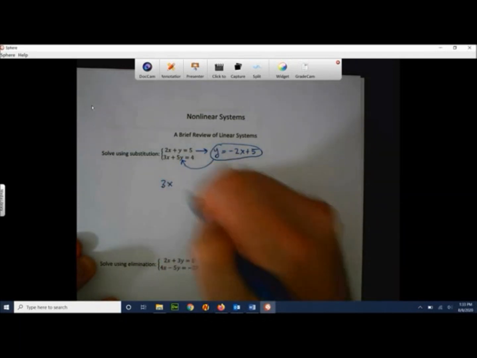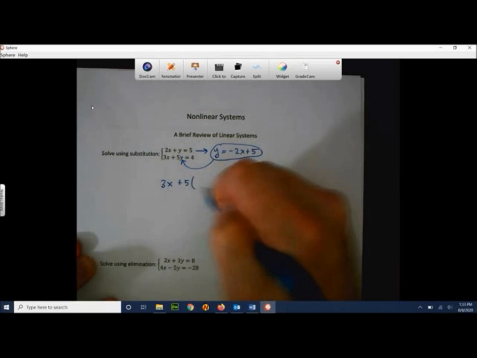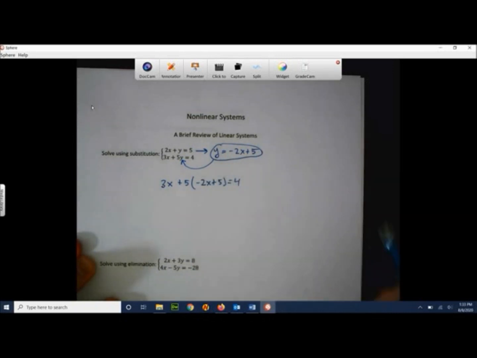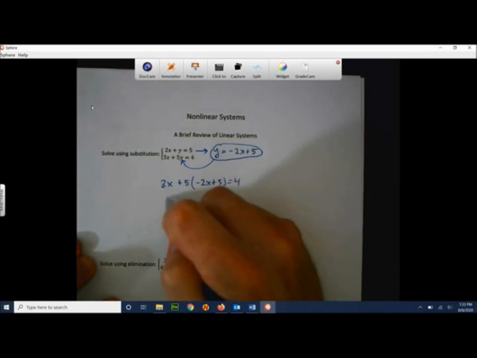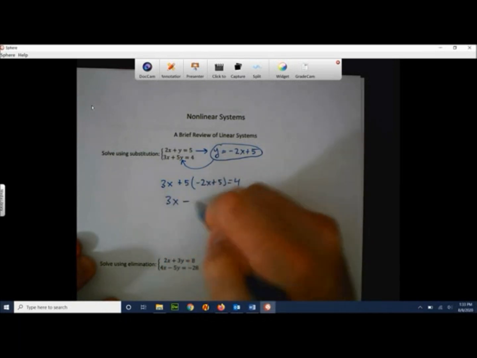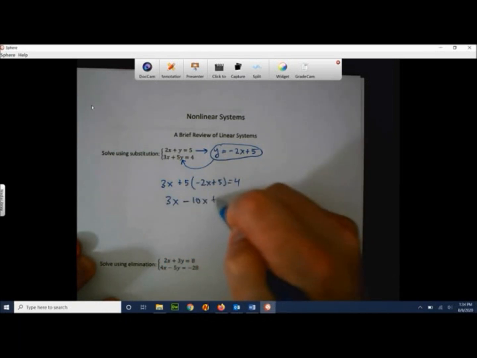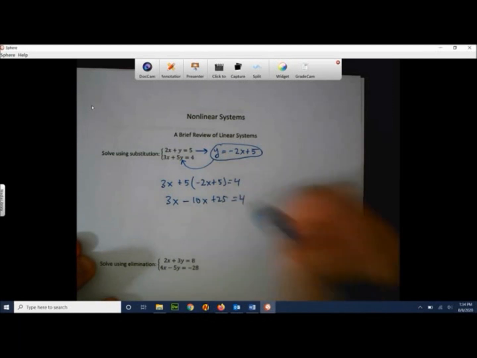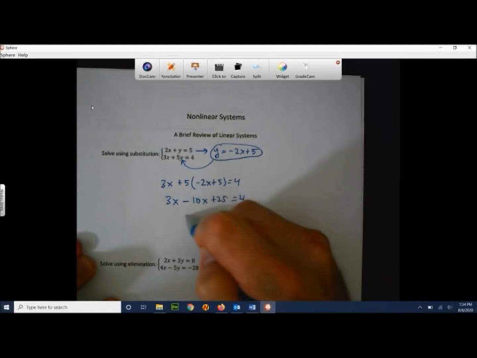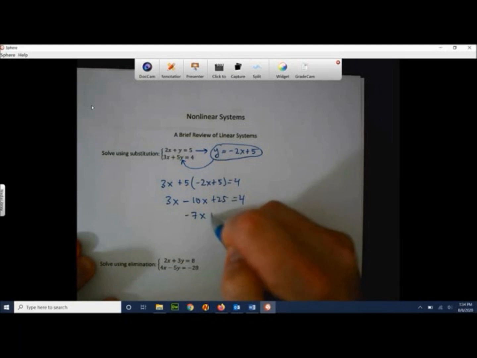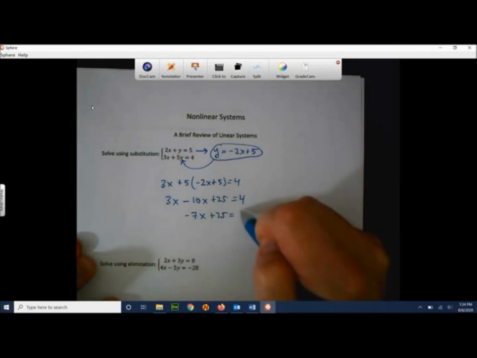I'm going to have 3x plus 5 times negative 2x plus 5 equals 4. A little bit of algebra here. 3x minus 10x plus 25 is 4. So that's negative 7x plus 25 is 4.